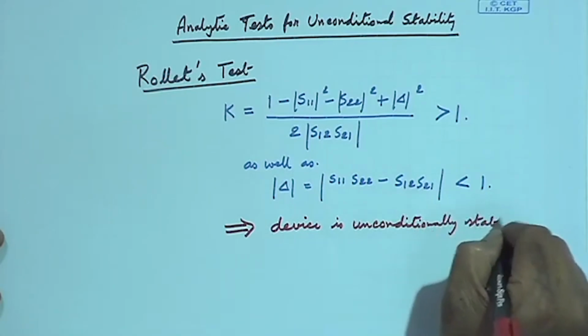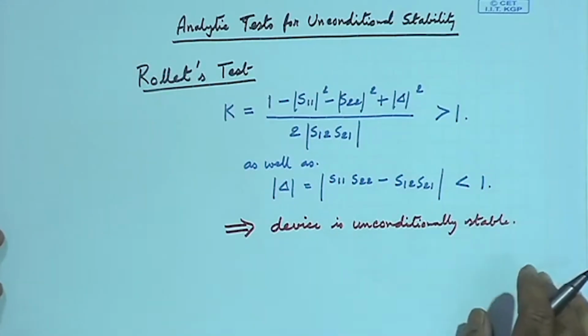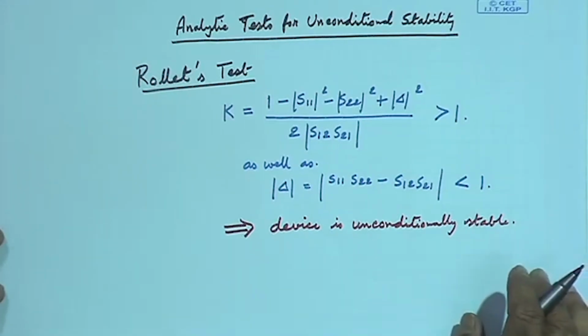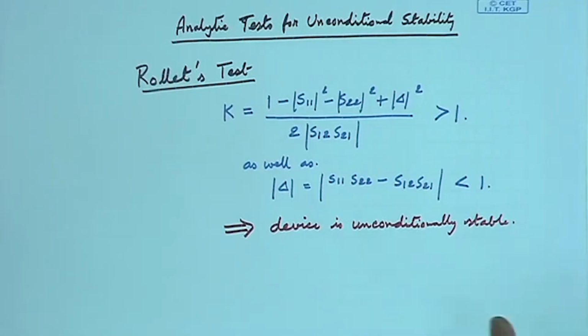That means you can choose any passive load impedance and source impedance, and you need not worry, your device won't go into oscillation. This is called Rollett's test.